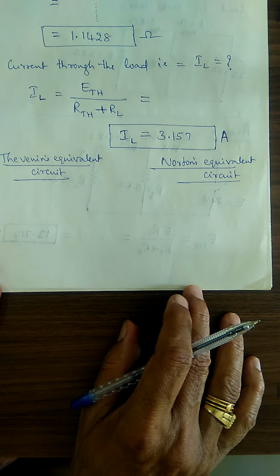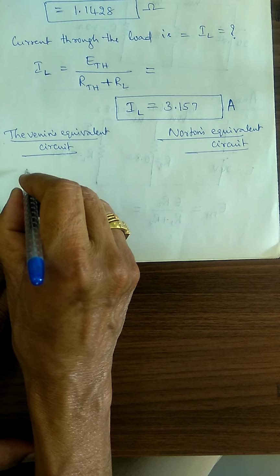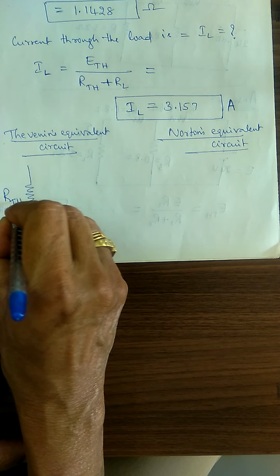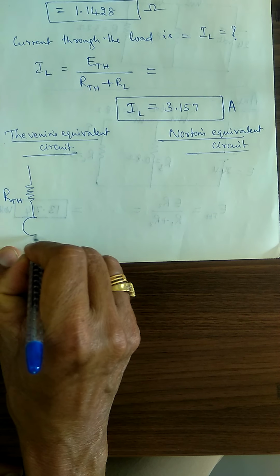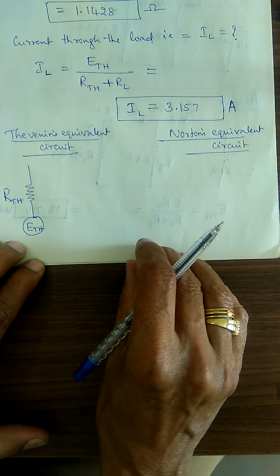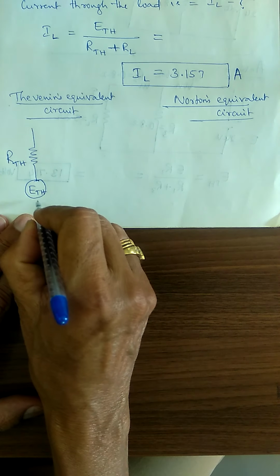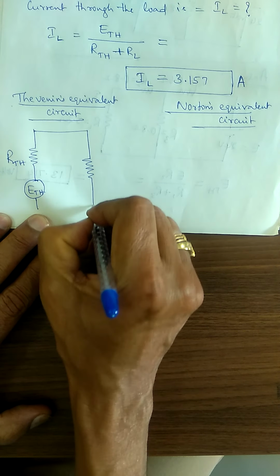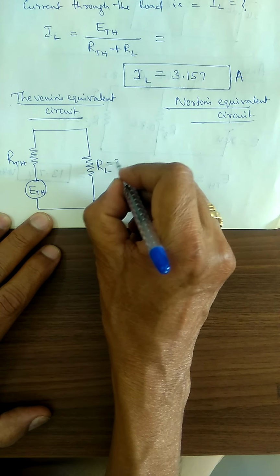How to write Thevenin's equivalent circuit? RTH we have to write. This is RTH, and we have already estimated the RTH value. ETH, if you could not see it clearly, now you can see it. And RL must be present here. This is RL, 3.2 ohms.